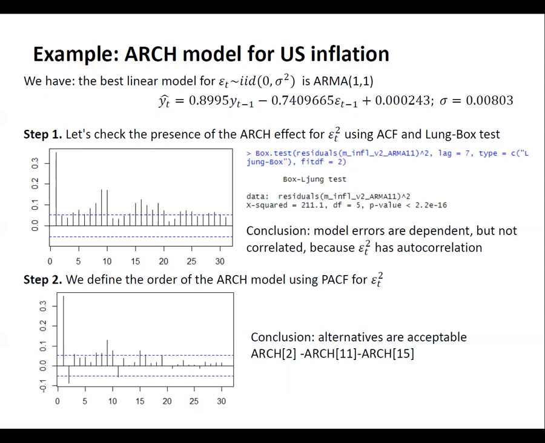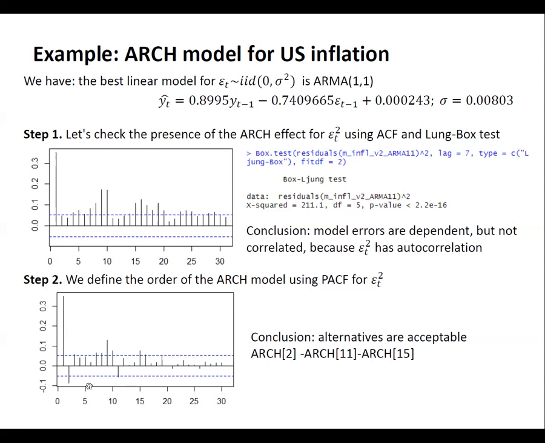Now let's try to build an ARCH model for the variance of our residuals and apply the PACF for epsilon squared. We see that the first lag is significant, the second lag is significant. That is, the first two lags are clearly significant, then there is something on the verge.